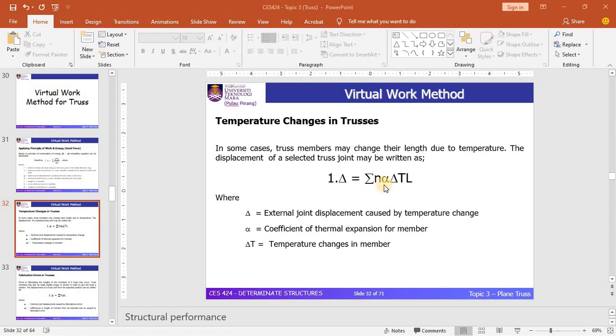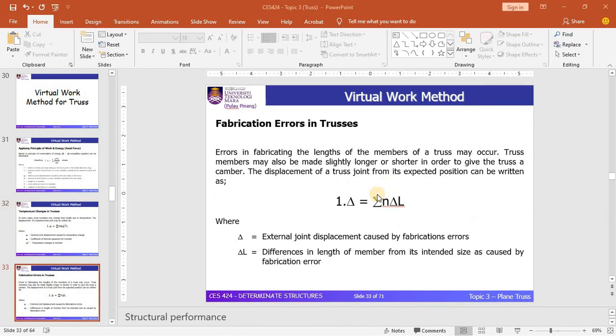Besides the temperature change, there is another effect that can cause displacement in the truss system, which we call fabrication errors in the truss.